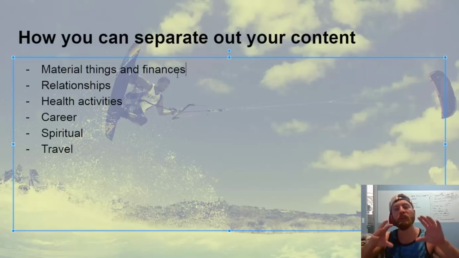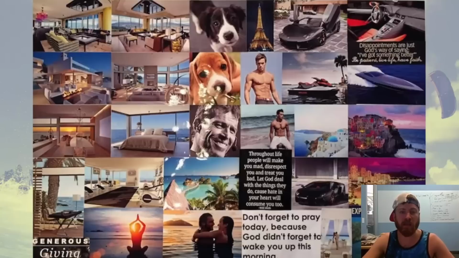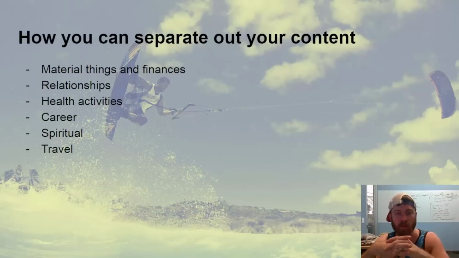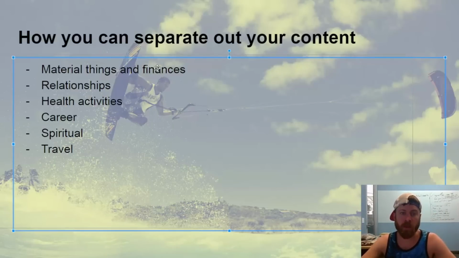You create your own vision. Just because people have massive yachts or super expensive stuff in the media doesn't mean that needs to be part of your vision. Or maybe it is. So do what's in line with your own vision.